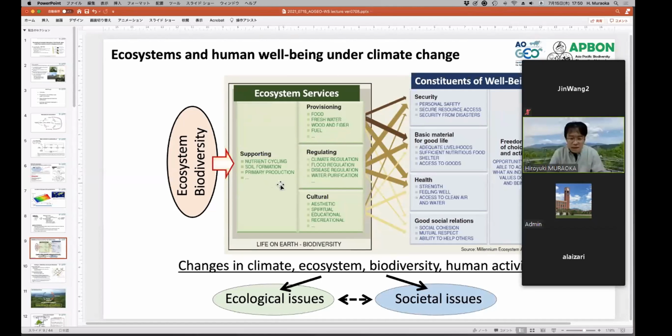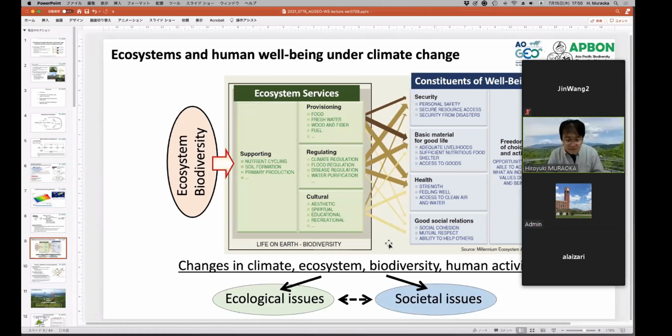And then these basic ecosystem functions give three kinds of ecosystem services, including provisioning services, regulating services, and cultural services. Then all these different kinds of ecosystem services influence our well-being, like security, or material for the good life, or health, good social relations, and some other goods and services which support our daily lives.